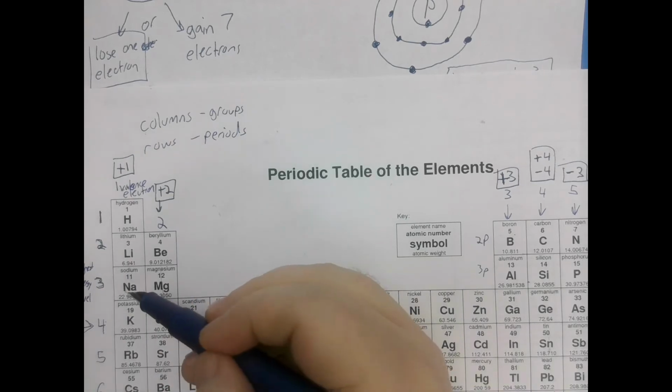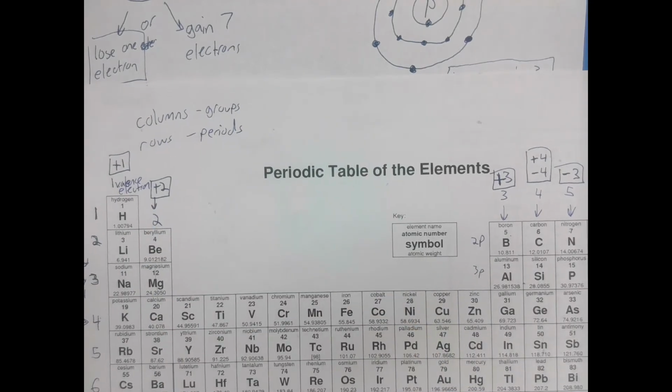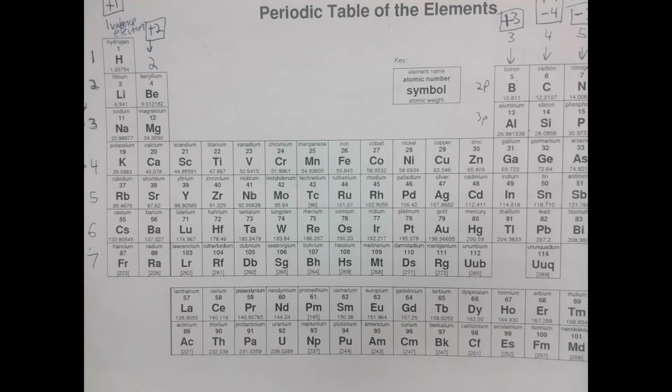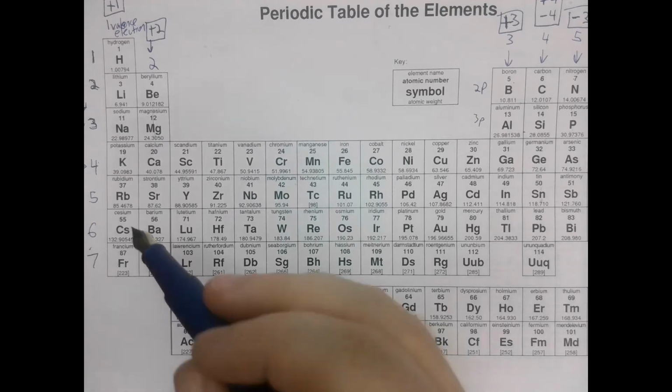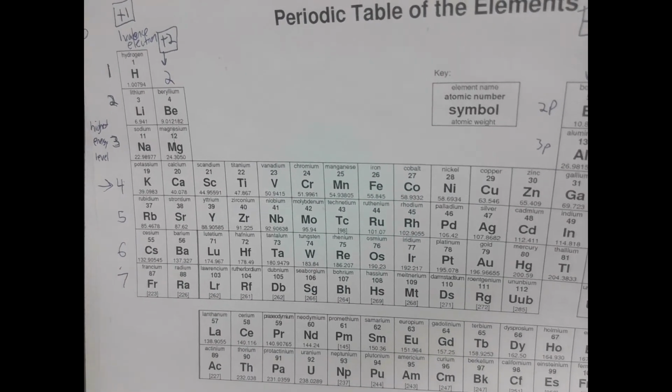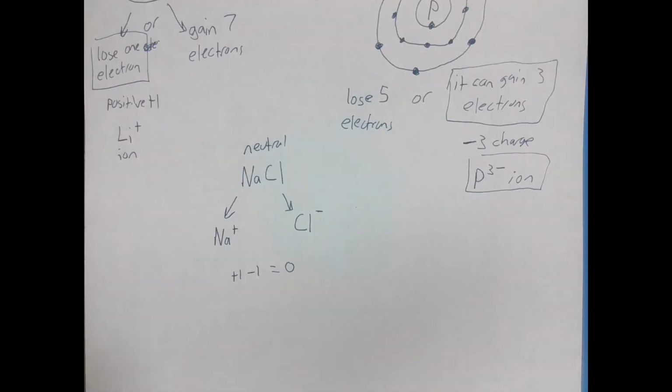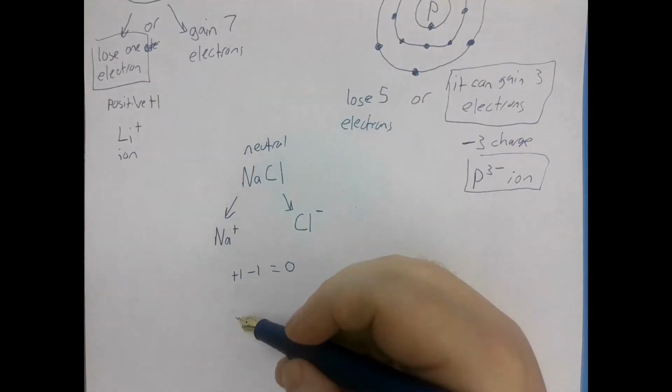So sodium is going to be plus 1. Later in the year, after Christmas break, we're going to do a lot of reactions, and you need to be able to say, let's see, calcium chloride, for example.